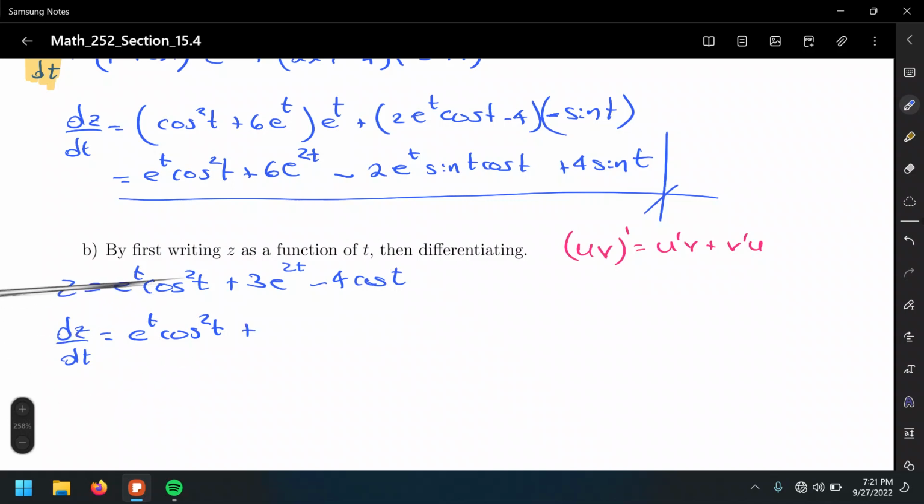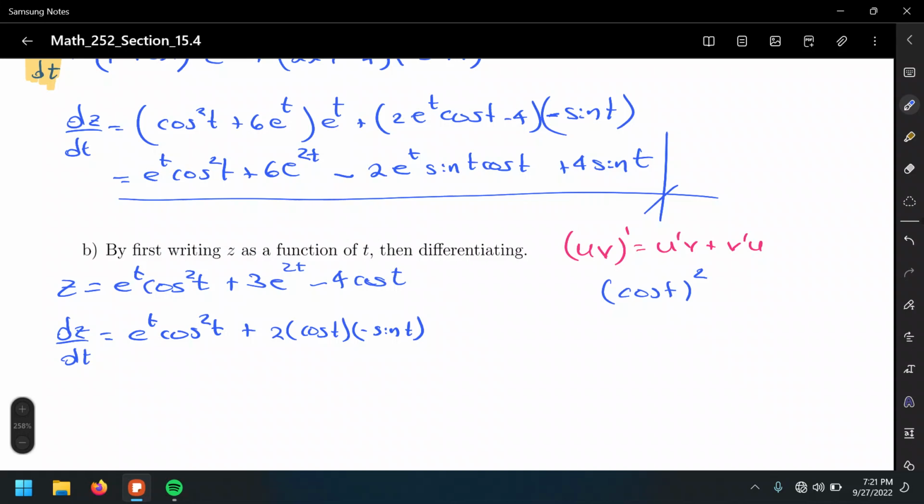Now, to differentiate cosine squared, what do we do? How about we write it as a cosine t quantity squared, and that's like a mini chain rule, right? So that's a 2 cosine t times the derivative of cosine, which is negative sine.